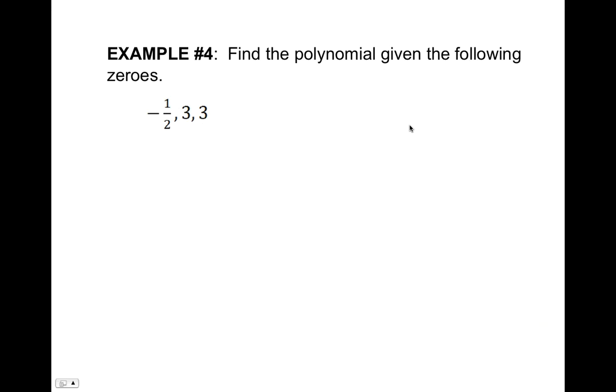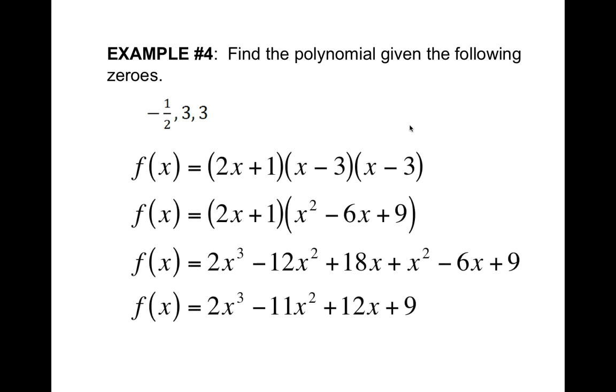Now this last one is more of an algebraic style question. Can you find the polynomial it came from if these are the zeros? So you had x equal to -1/2 and x equal to 3 twice. So basically we're asking you to go backwards now. If it was x equal to 3, then x minus 3 was one of the factors, and so you'd have that twice.